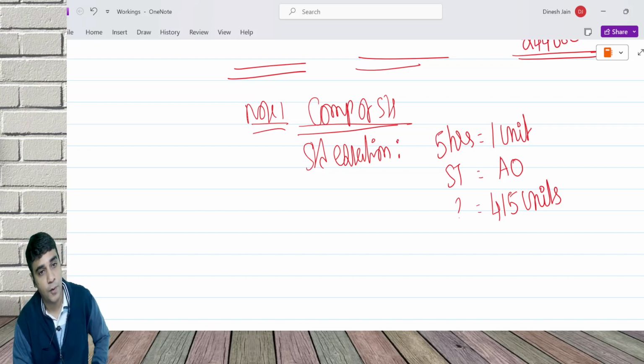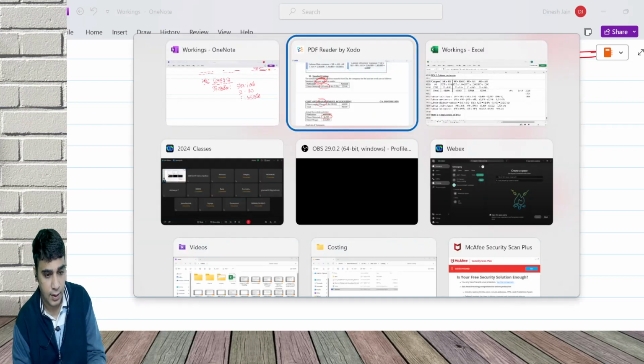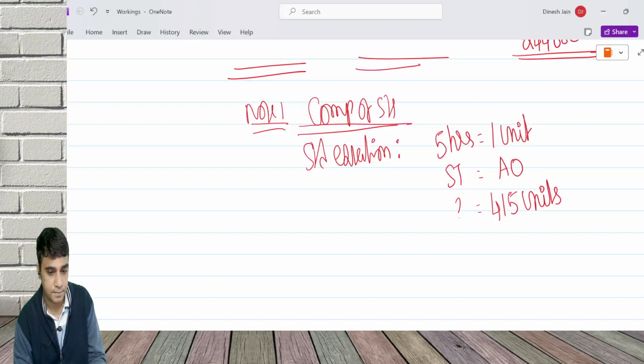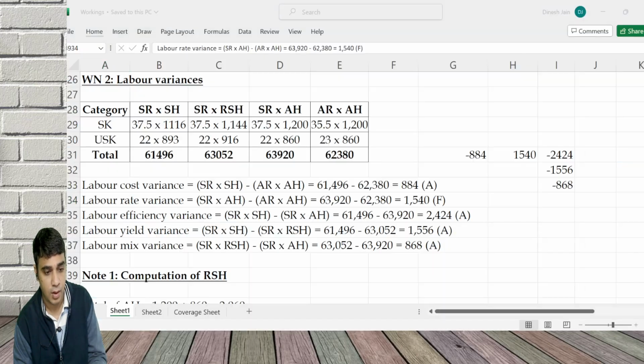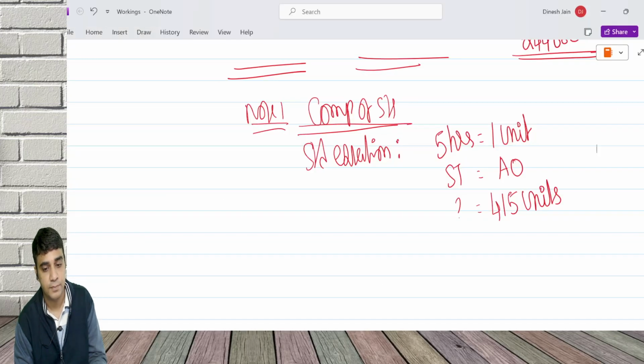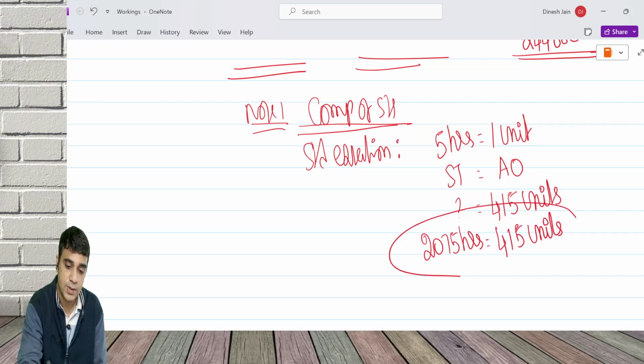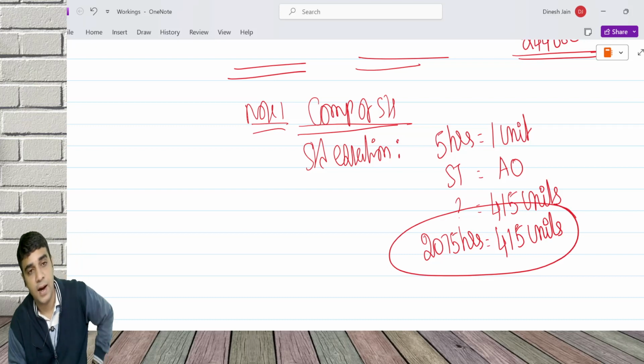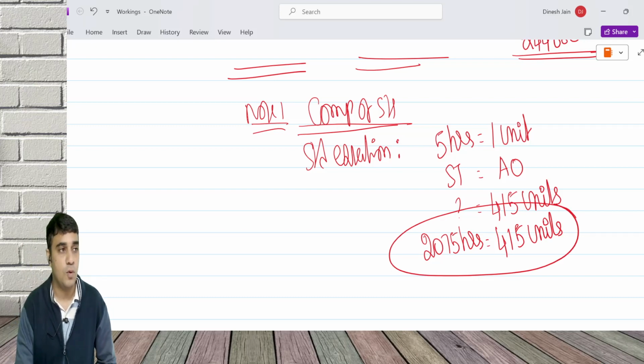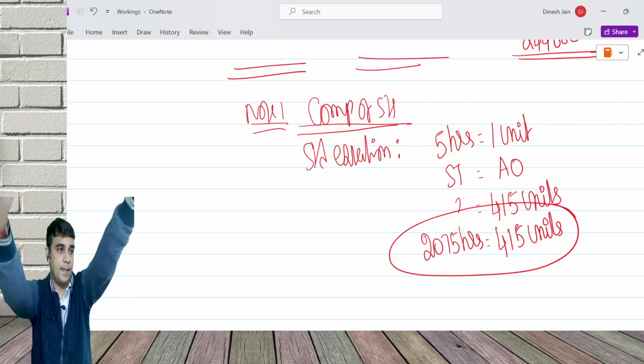Tell me the standard time. How much is standard time? 2075 hours is equal to 415 units.